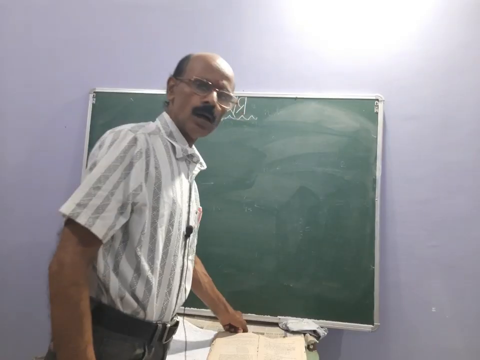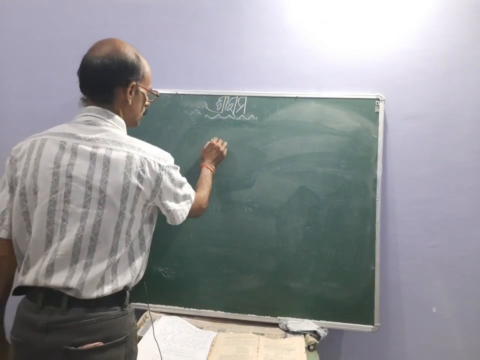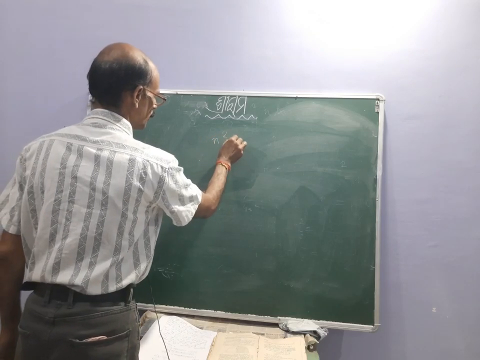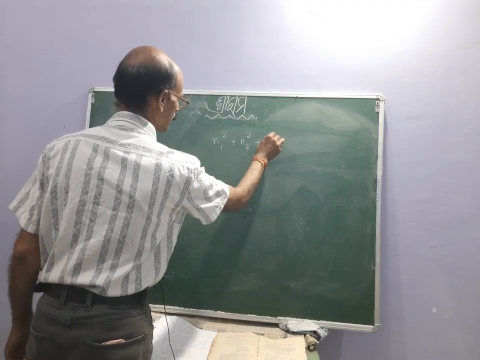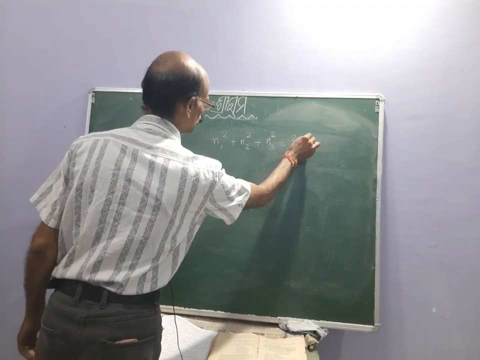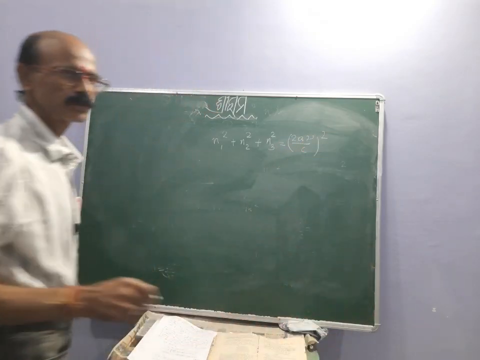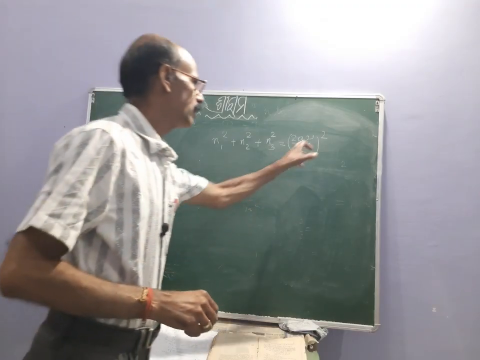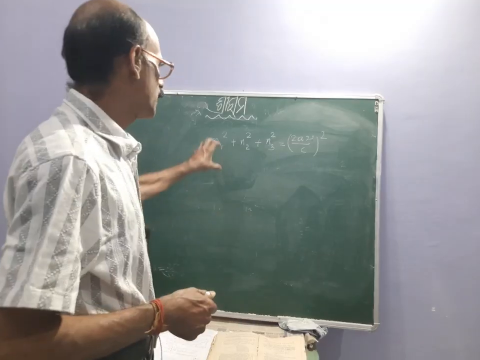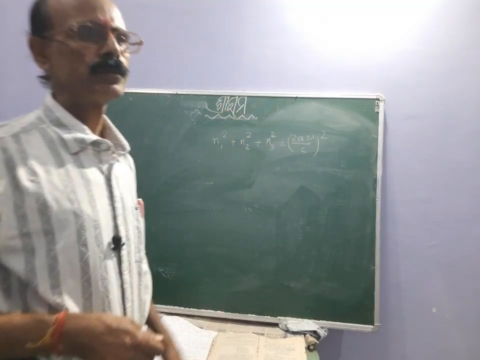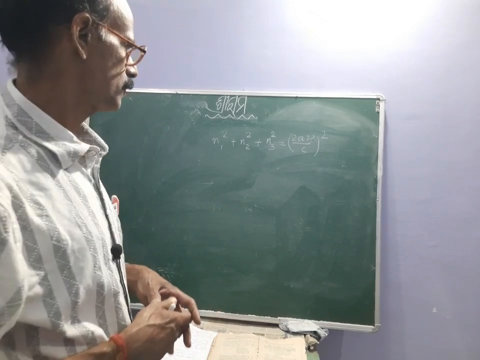In part 1 we had derived n1 square plus n2 square plus n3 square is equal to (2a nu by c) whole square, where nu is the frequency of vibration and n1, n2, n3 represent different sets of modes of vibration.